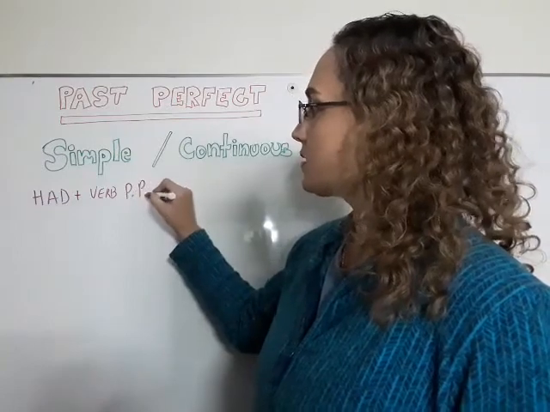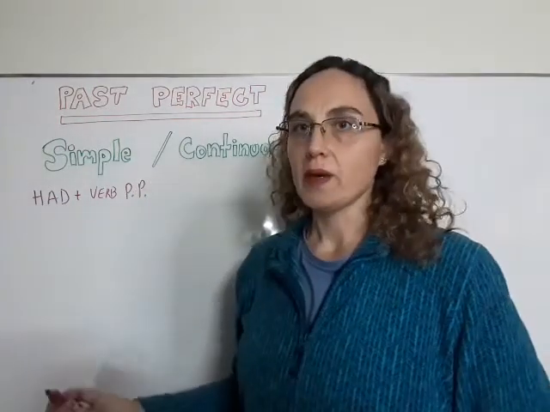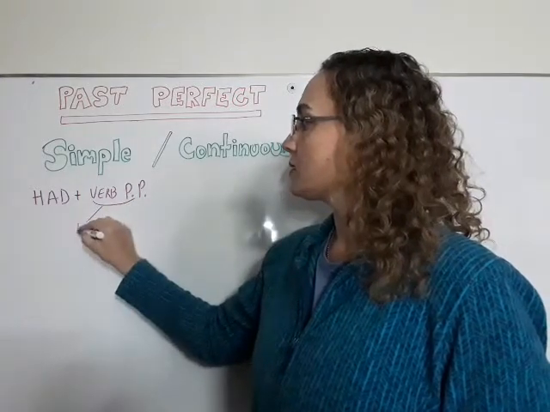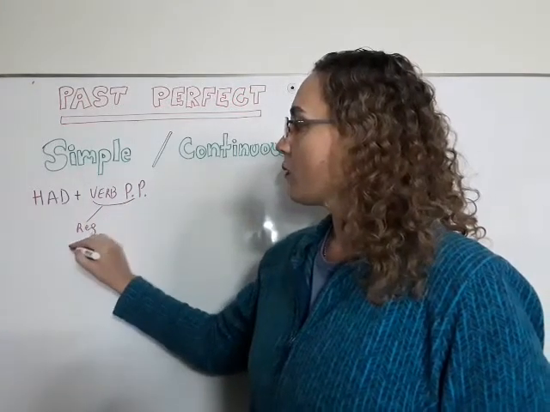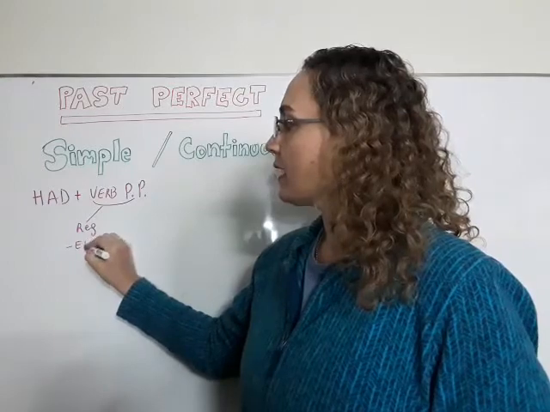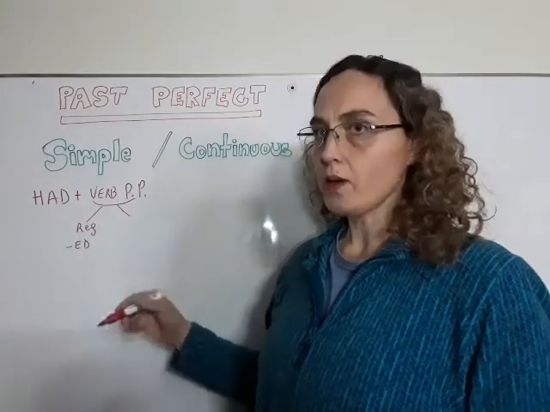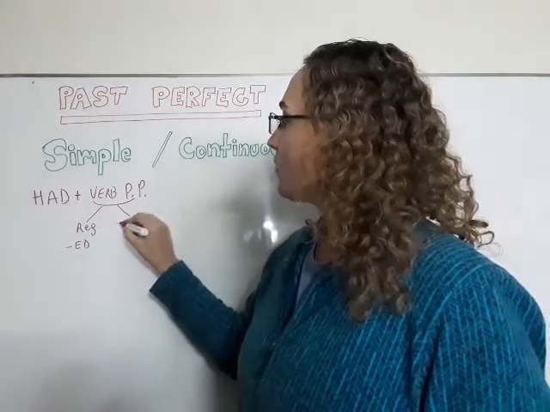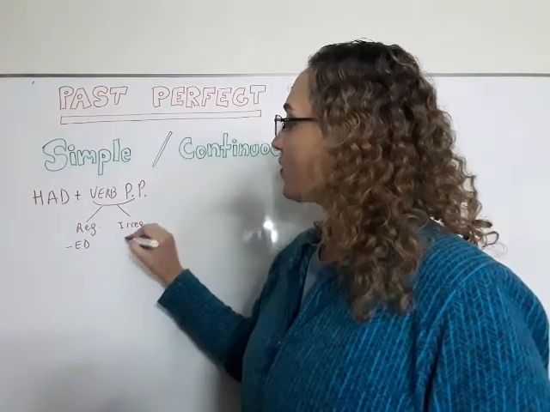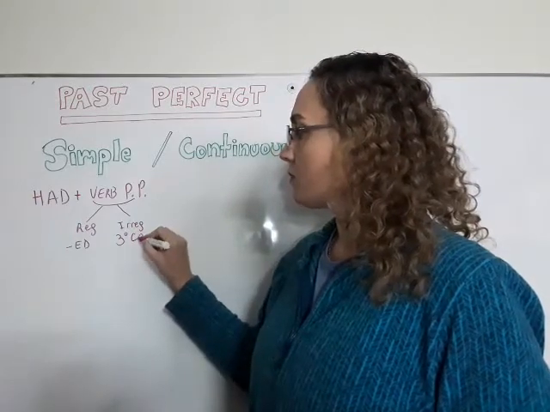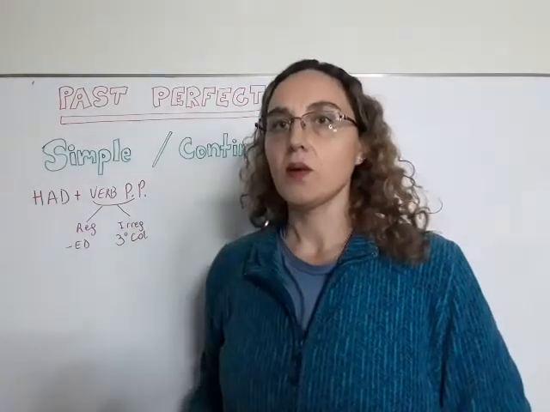Past participle. What is the past participle? Remember, if the verb is regular, we add ed at the end of the verb. And if the verb is irregular, we look for it in the third column, not second, but in the third column of the list of irregular verbs.